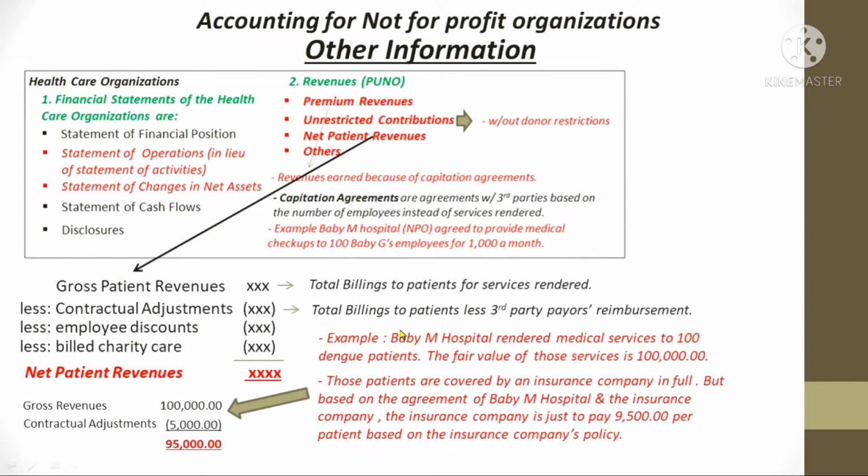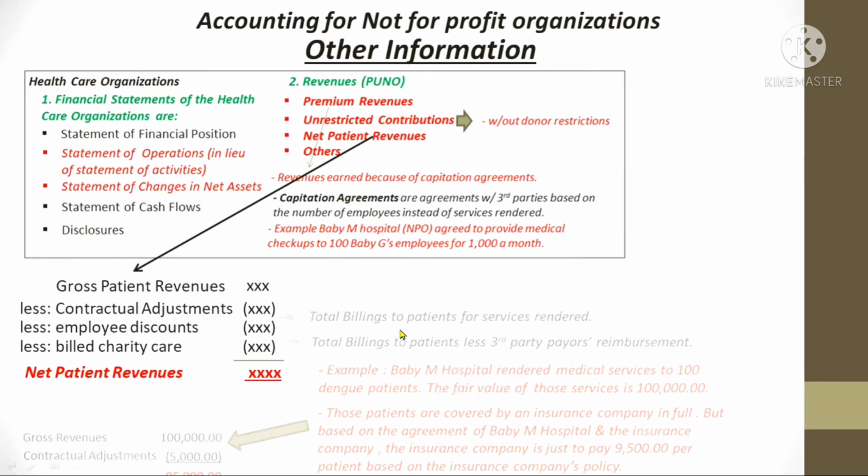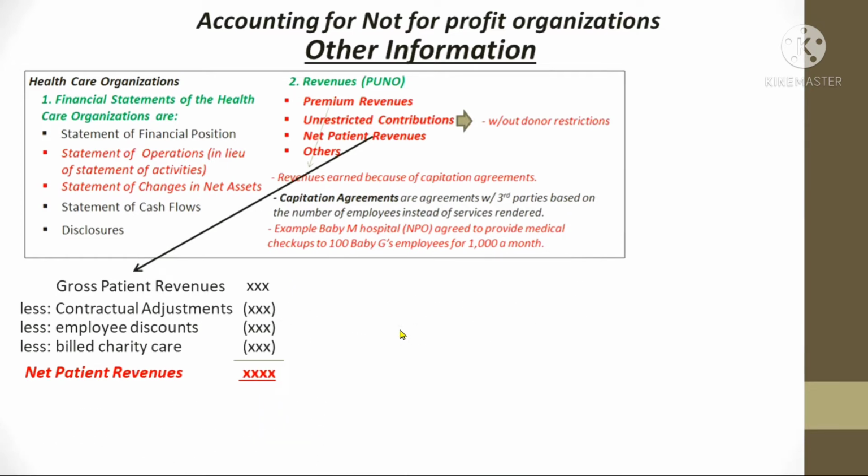Now let's go to employee discounts. This is also self-explanatory because these are just discounts given to employees or immediate family members of the employees. So that's it. Now let's go to the last one immediately.